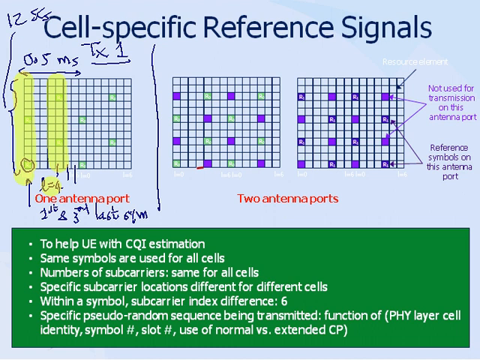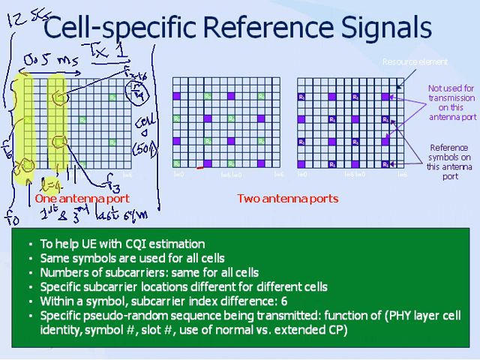So let's say we are in some cell number 0, and remember there are 504 cell IDs. Out of that, we are in cell number 0. In that case, subcarrier F0 carries the reference signal, and then F6 would carry the reference signal. In symbol number 4, F3 carries the reference signal, and this one is F3 plus 6, F9, subcarrier number 9.